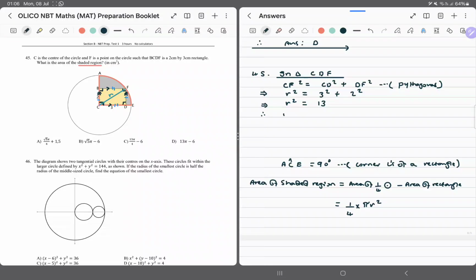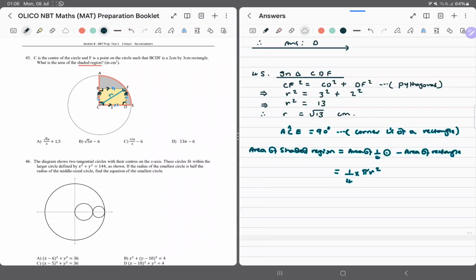So we can say therefore our r is basically the square root of 13, and this is in centimeters. Okay, great. Now we have our r. We can then put up the statement where it belongs.